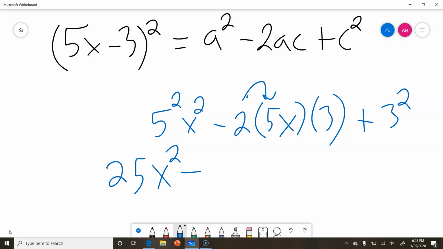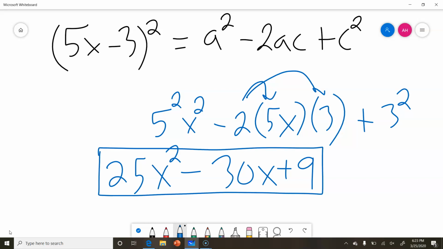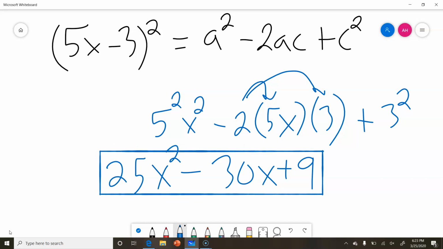Okay, 10. And then 10 times 3 is 30x, plus 3 squared. 3 times 3 is 9. So as you can see, it's going to get a little harder, but I don't even have to use FOIL to find that. I can just use the formula that they gave me.